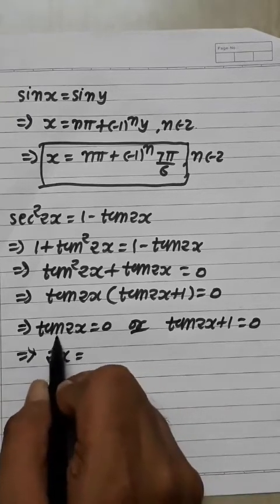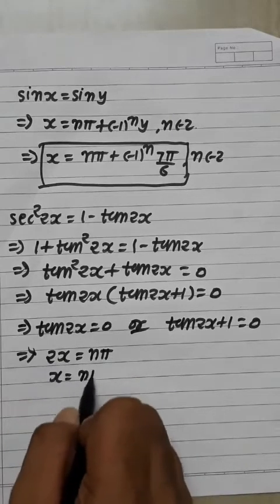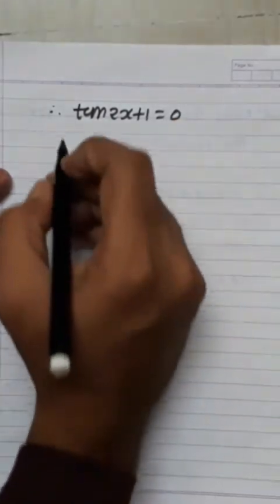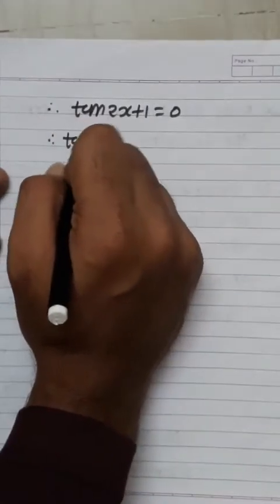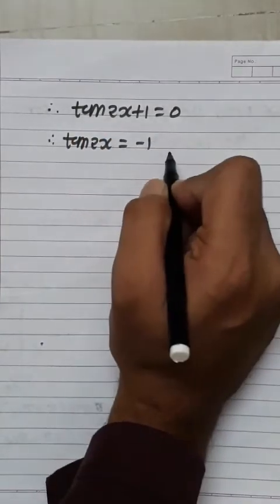So 2x is equal to n pi, so x is equal to n pi by 2. Therefore tan 2x plus 1 is equal to 0. Now write plus 1 on the opposite side. So tan 2x is equal to minus 1.